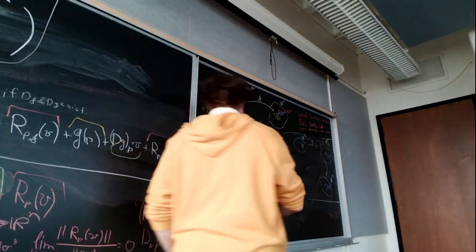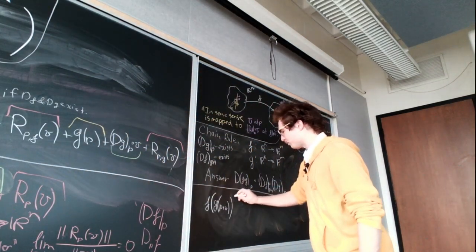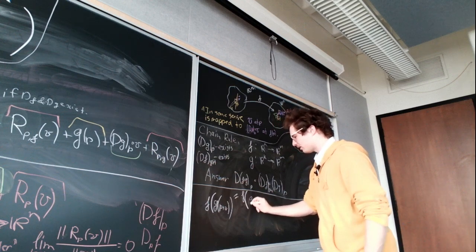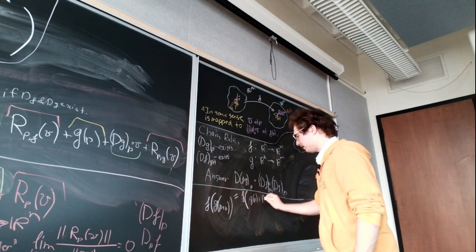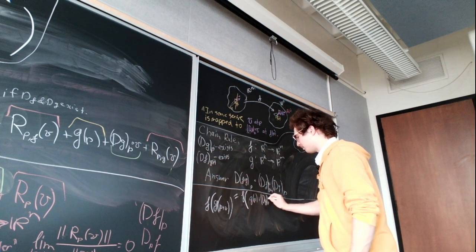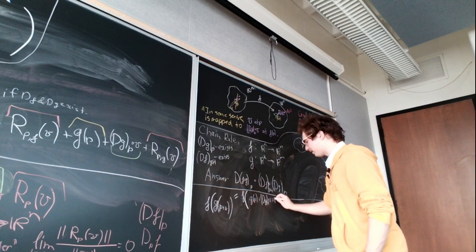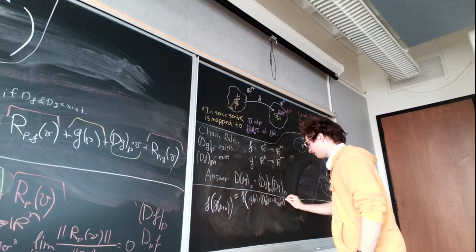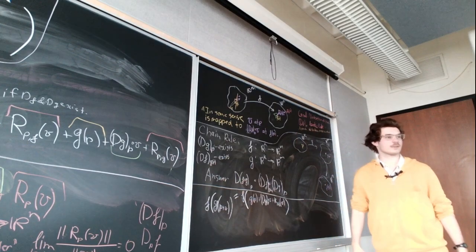So let's try that. This is going to be f applied to g of p plus dg at p applied to v plus r at point p for function g of v. Okay, do you agree?